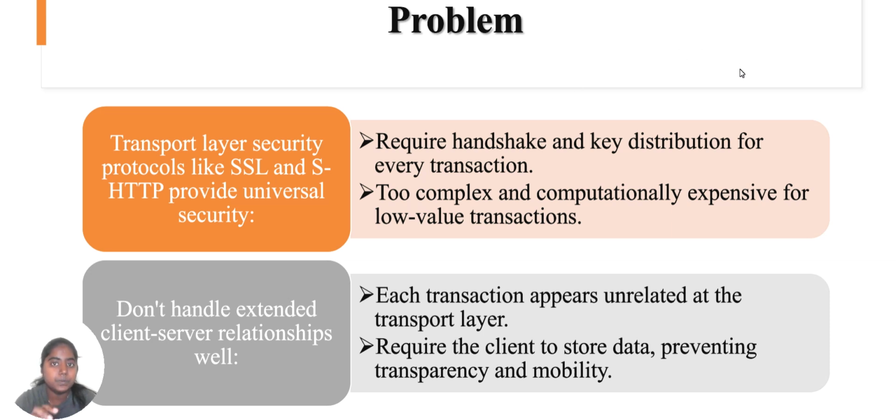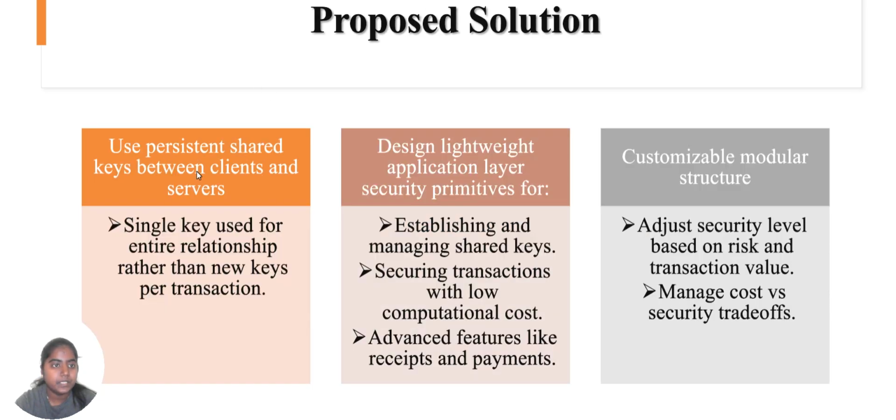In order to overcome these limitations, the research paper introduced a new security framework which could give a solution, and that solution includes three basic points. Coming to the first solution, it uses persistent shared keys between the clients and the servers.